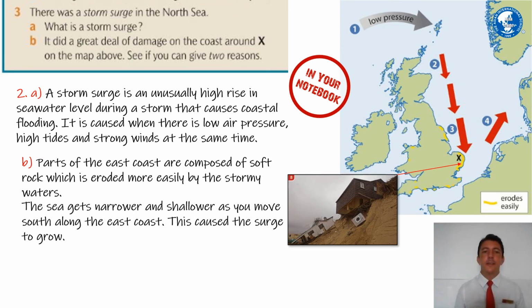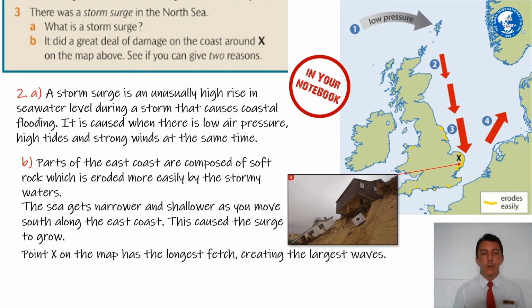Another reason is the sea gets narrower and shallower as you move south along the east coast. So this caused the surge to grow. Also, point X on the map has the longest fetch, creating the largest waves. And also down here, the land is low and flat. So when the sea level rose, it flooded in over that low flat land.